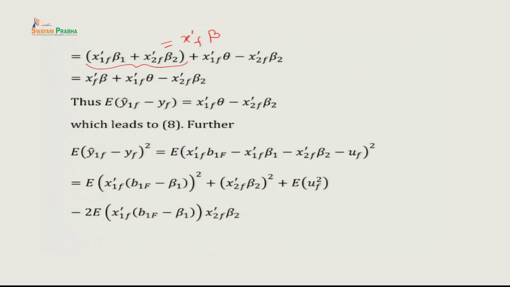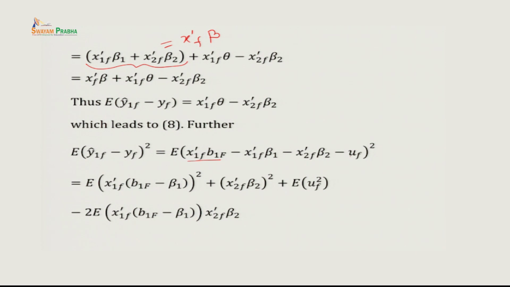Further, if we take the expectation of (y hat 1f minus yf) whole square, then this is equal to the expectation of (x1f transpose b1f minus x1f transpose beta1 minus x2f transpose beta2 minus uf) whole square. Actually, this is the value of y hat 1f, and then we have written yf equal to x1f transpose beta1 plus x2f transpose beta2 plus uf.